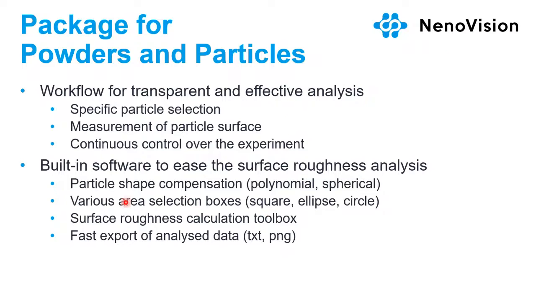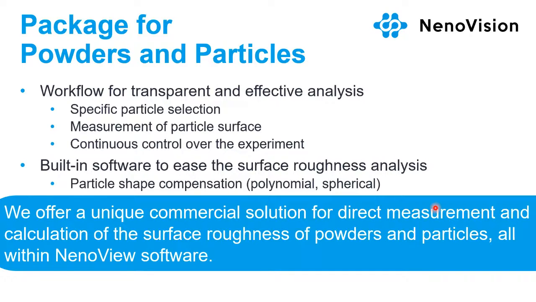We implemented various area selection boxes such as square, ellipse, or circular. We implemented a surface roughness calculation toolbox, and the data are easily exported either in a text document or a PNG. So we offer a unique commercial solution for direct measurement and calculation of the surface roughness of powders and particles, all within the NanoView software.